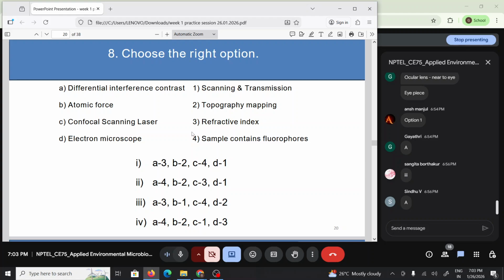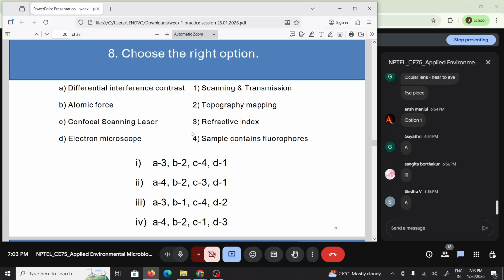And in case of confocal scanning laser microscopy, you will have laser scans through the sample in each point, and in addition to that, you will have a pinhole aperture, and this pinhole aperture will block the out of focus light. So why are we blocking the out of focus light?